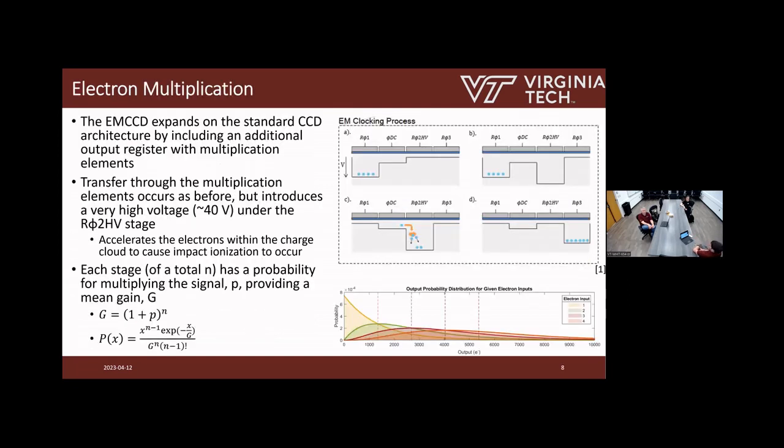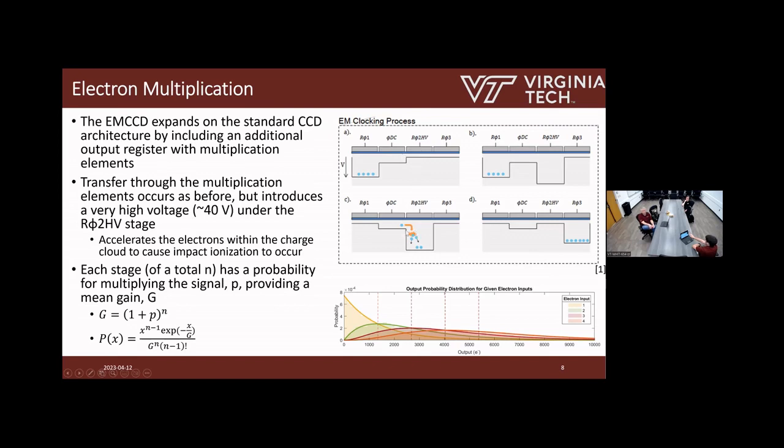However, what makes the EMCCD special are those additional electron multiplying pixels in the readout register. In a process very similar to the charge transfer process, we are able to accelerate the charge by applying a relatively high voltage, something around 40 volts, underneath one of those pixel phases.